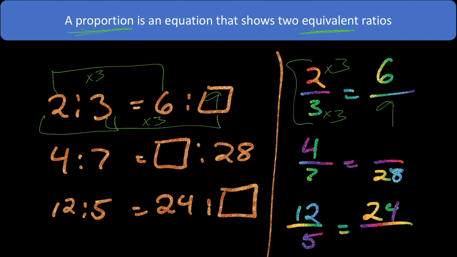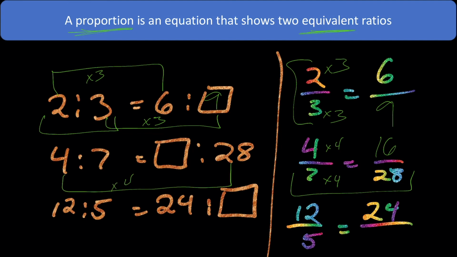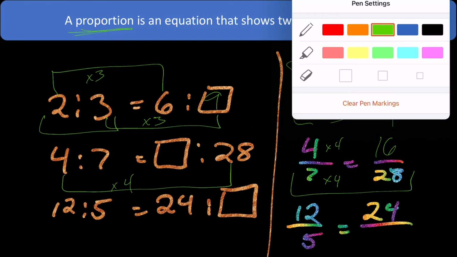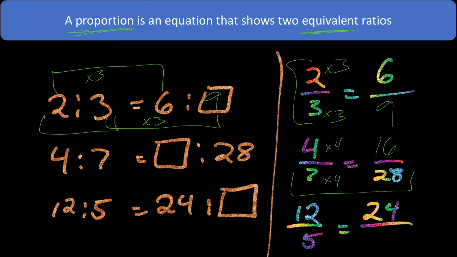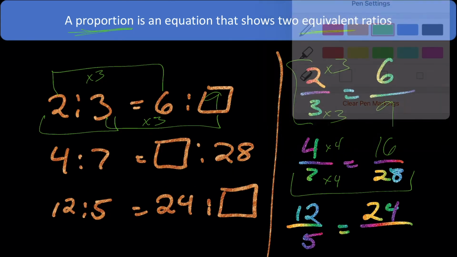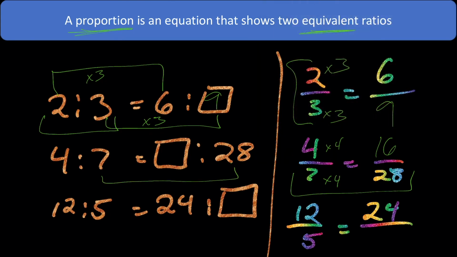Looking at the fraction again, in order to get to 28 from 7, I would be multiplying by 4. So I have to do the top by 4. Okay, so I would multiply by 4, and so this would be multiplied by 4, which is 16.